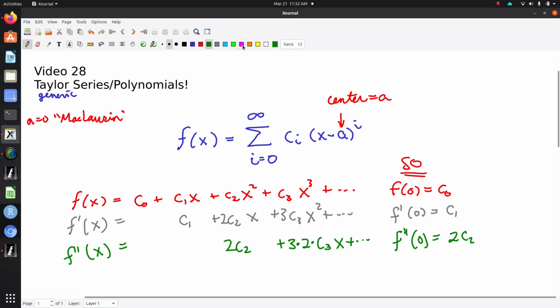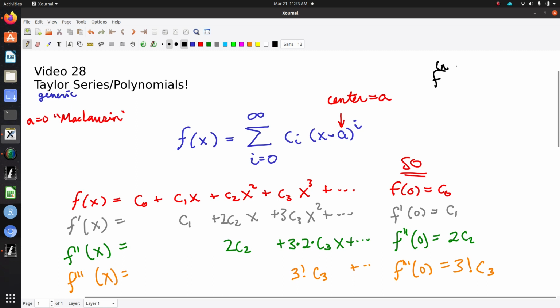What do you think happens when you try to take the derivative yet again? At this point, you should start to see the pattern. You're going to get 3 times 2, which I'm going to rewrite as 3 factorial. And the x goes away, so f triple prime of 0 is 3 factorial times c3. And generically, we have f to the n.